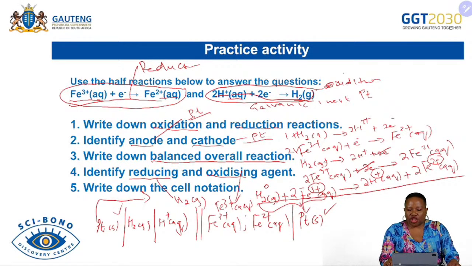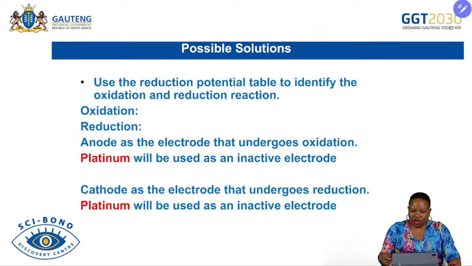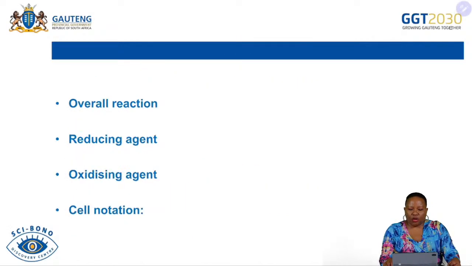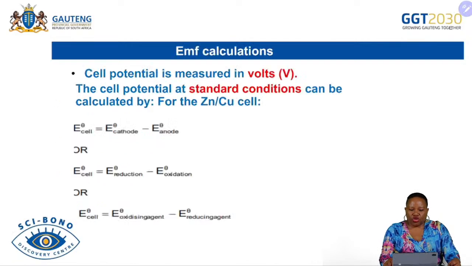That is our cell notation. You will only include your inert electrodes when writing a cell notation, but they are not included in the half reactions, and they are also not included in the overall cell reaction. So these are the solutions that I was providing.